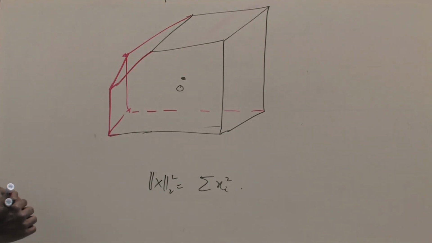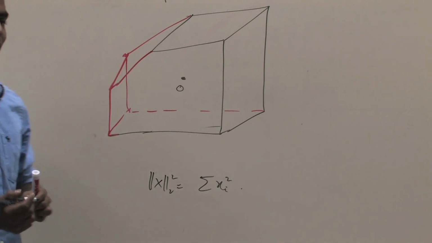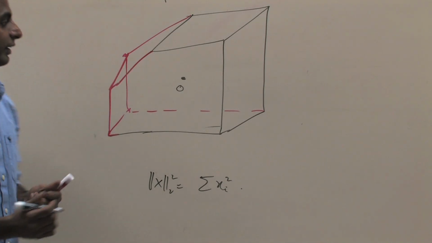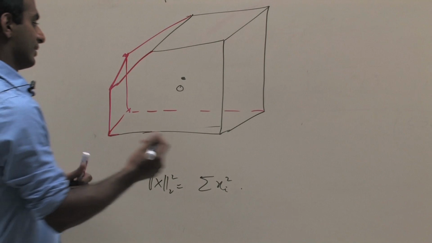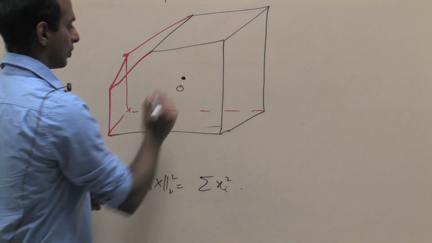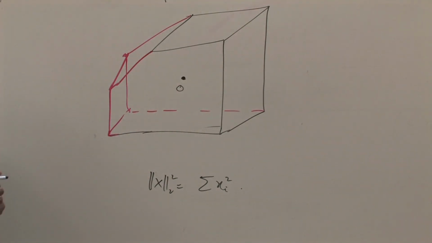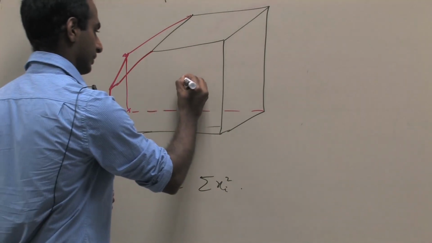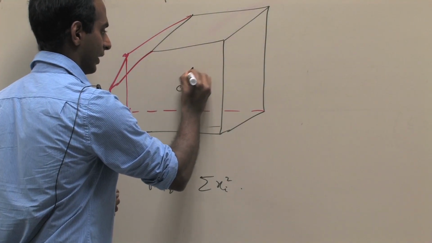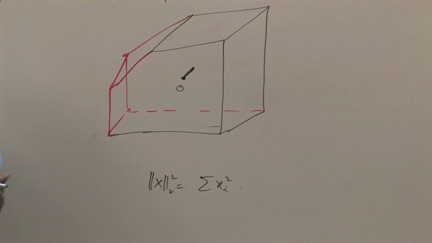So how do I go about finding one? I'm at the origin. I don't know much, so I'll start there. Since I don't know much, I'm just going to do a random walk. What kind of random walk? I'll pick a random direction in n dimensions, and take a tiny step in that direction.